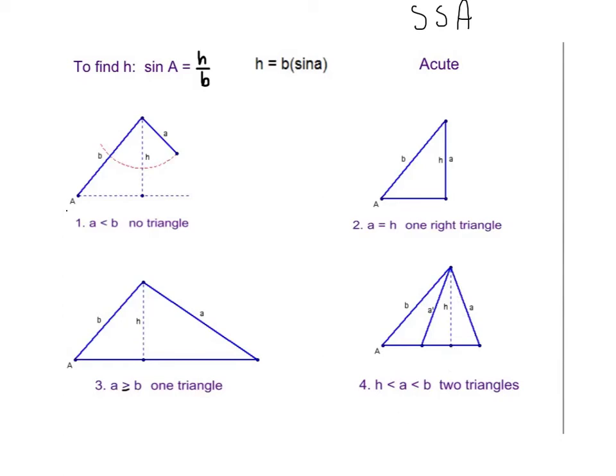And what you notice here is that A is somewhere between H and B. It looks like there's one here, but I'm going to draw it like this. That's one triangle. And then using those same measurements, you can get this one. So there are two triangles that are possible.